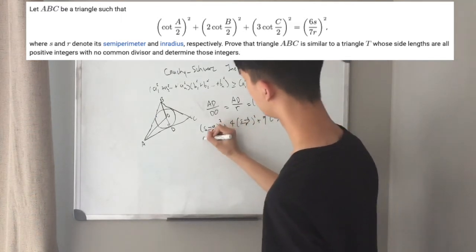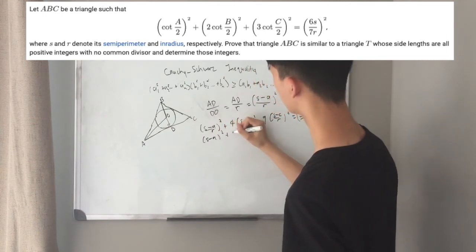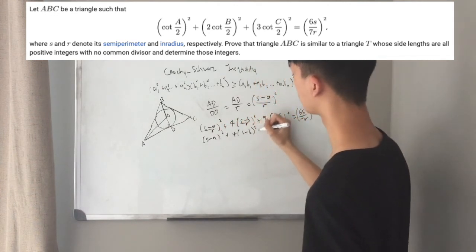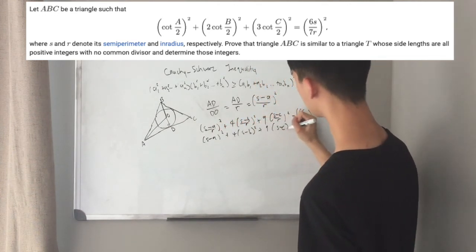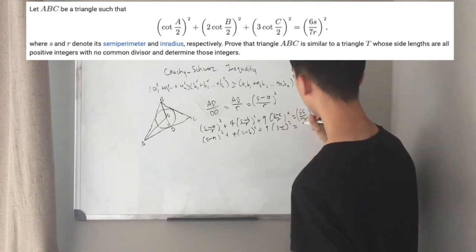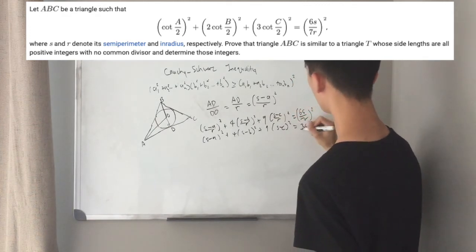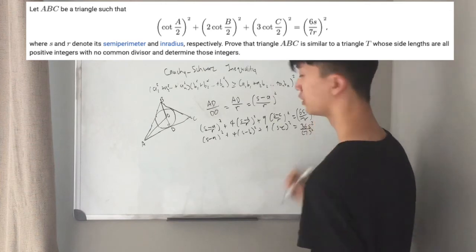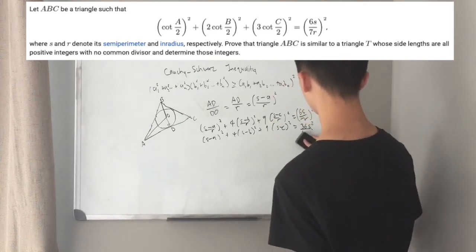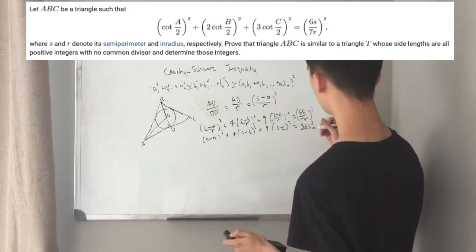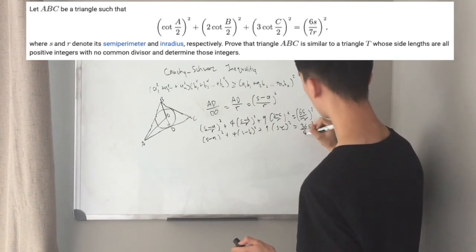So here we have (S minus a) squared plus 4 times (S minus b) squared plus 9 times (S minus c) squared is equal to 36S squared over 7 squared. And 7 squared is equal to 49, so we get 36S squared over 49.